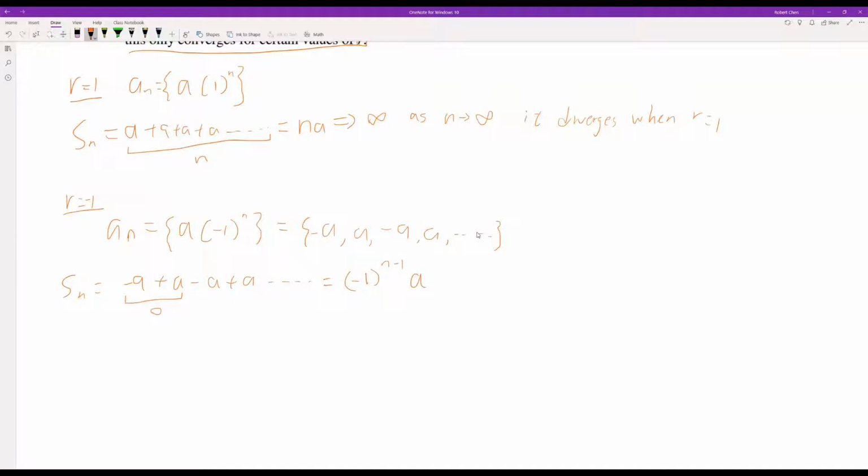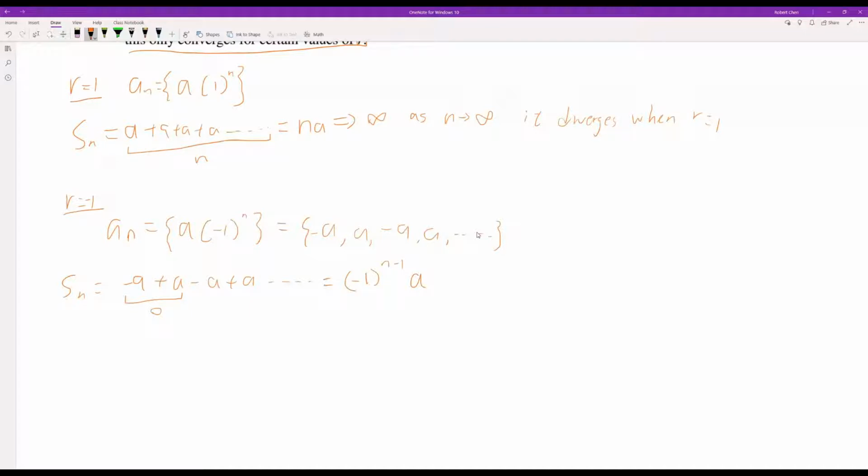Okay, now the -1 here is going to take care of the signs, because we started with a negative a, but the second one is going to be added, canceling out the first one. So we will have this n-1 term here.